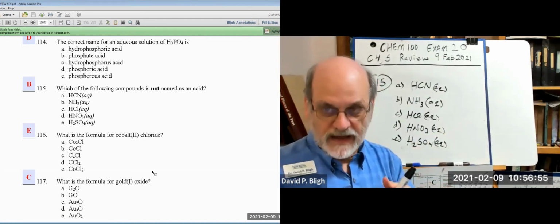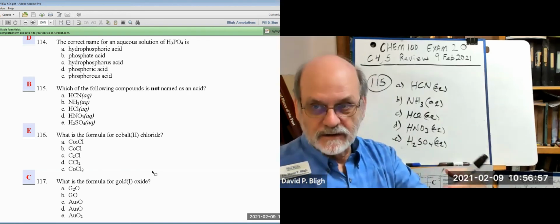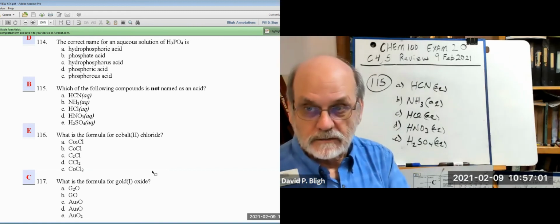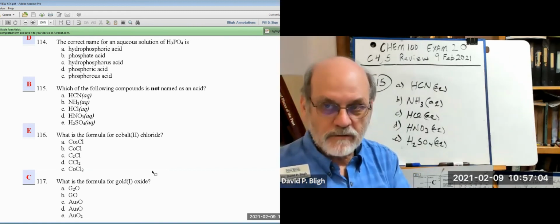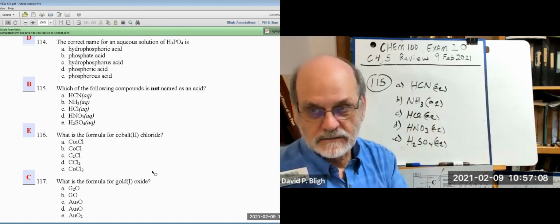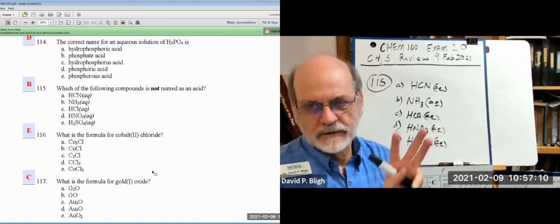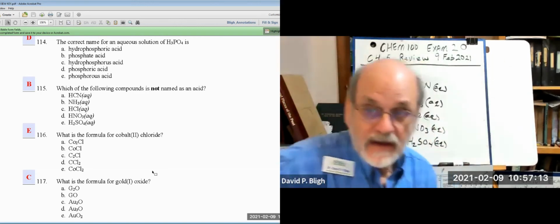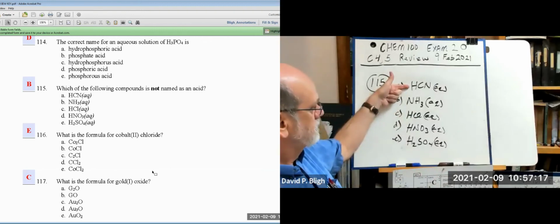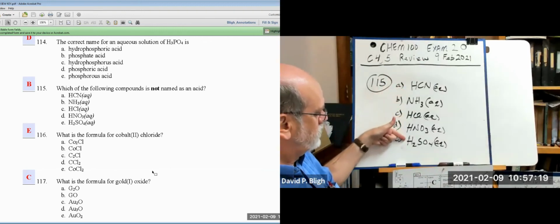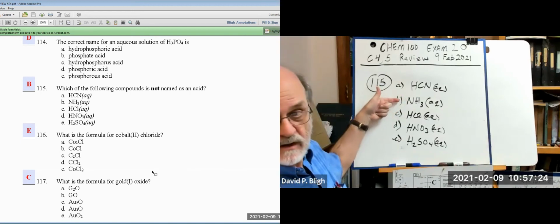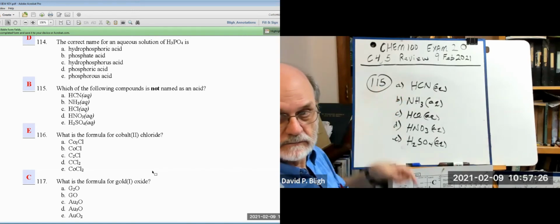So we got that much done to make an acid. What else are we looking for to identify an acid? We're looking for that leading hydrogen, 1, 2, or 3 usually. I've never seen one with 4. 1, 2, or 3 hydrogens at the beginning of the compound formula, right? There's one, there's one, there's one, there's one, there's not one. So this is not named as an acid.